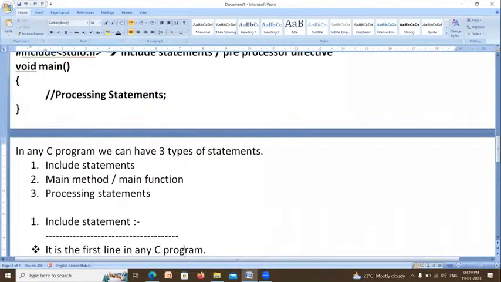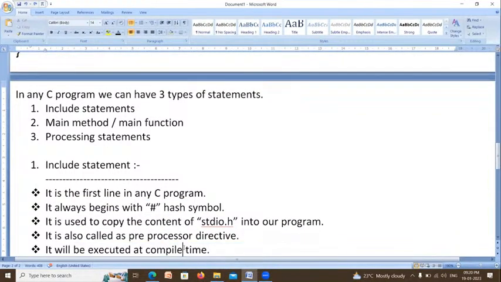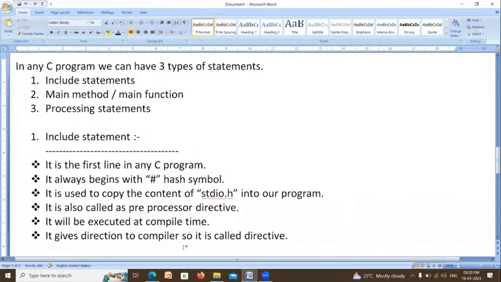Third one is processing statements. What are include statements? Include statements are at the top of the program, the first line.